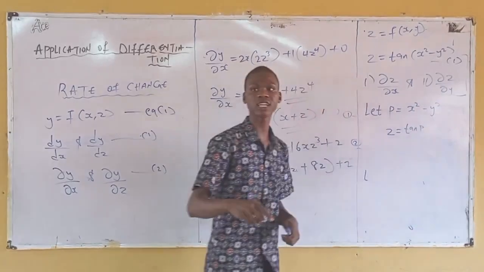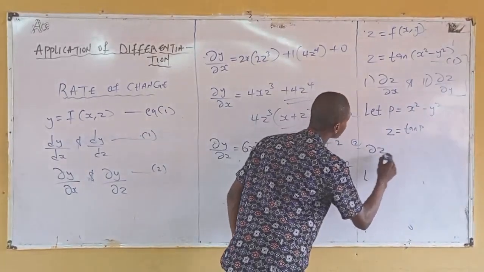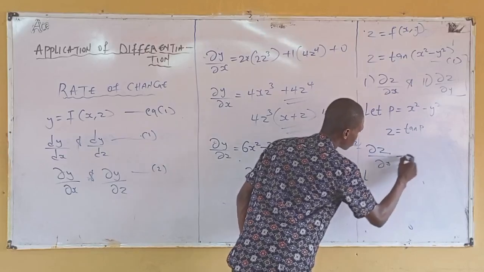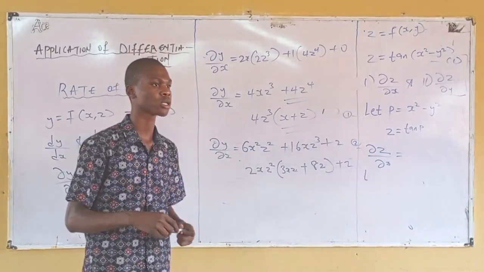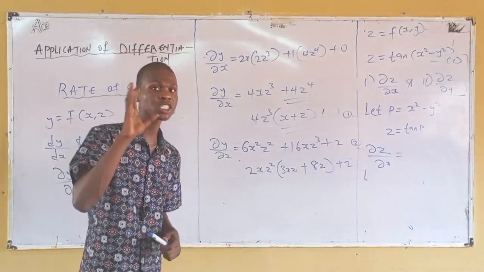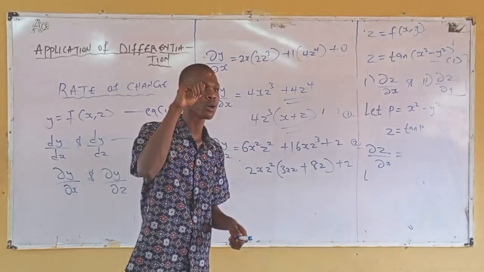But before then, let's write our formula out. For the first one, the formula for the partial derivative of z with respect to x, since we've used P now, the formula becomes what? Relate to what we have initially. Where you have u, put P there.